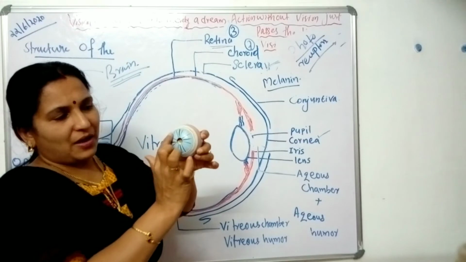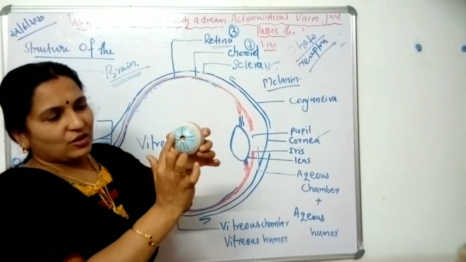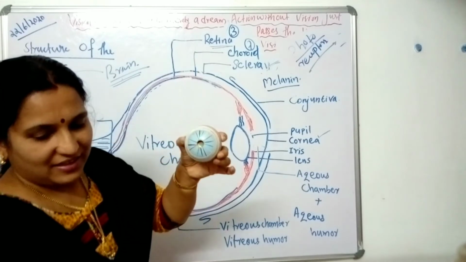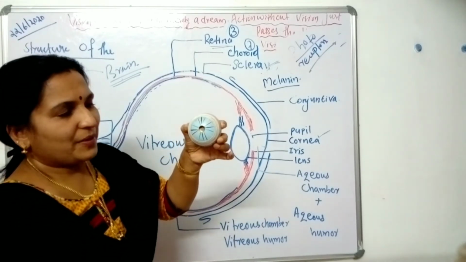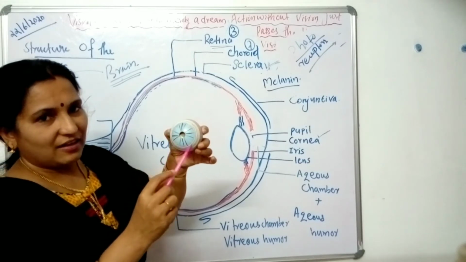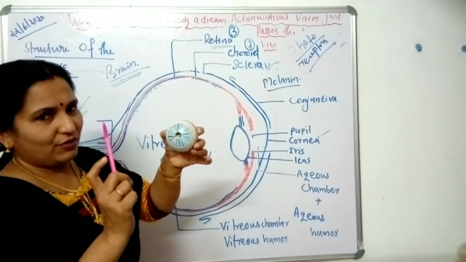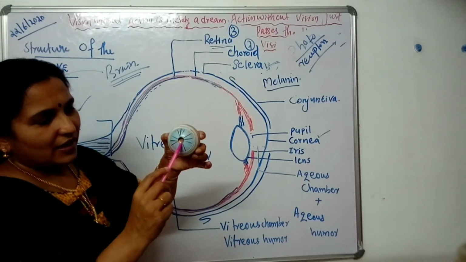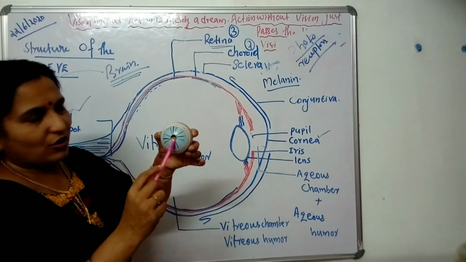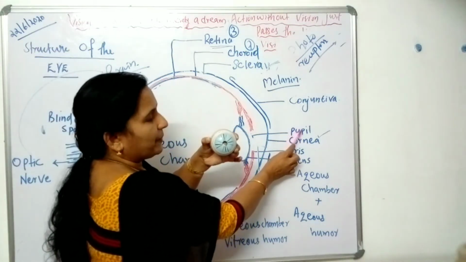The front part of the choroid is known as the iris. We have studied that depending on the quantity of melanin, its color varies. One more important point: in the iris, there is an aperture, an opening. This opening is known as the pupil.